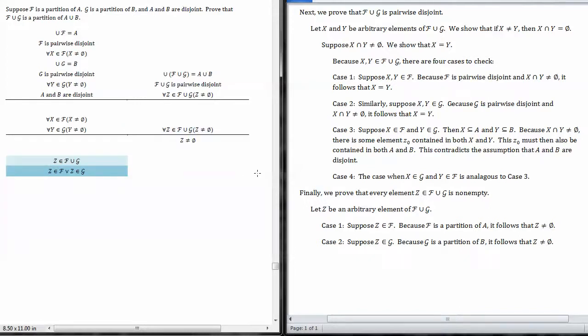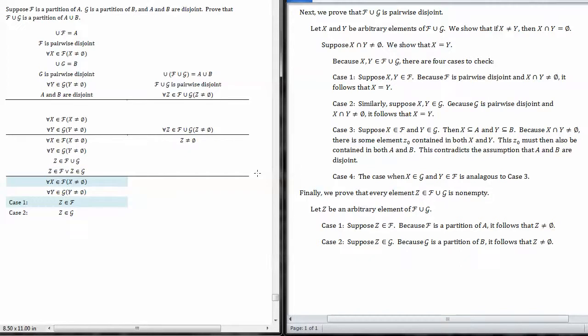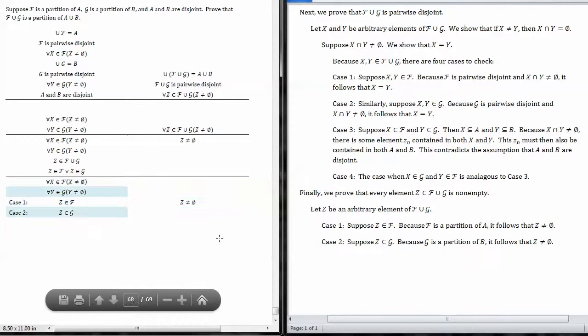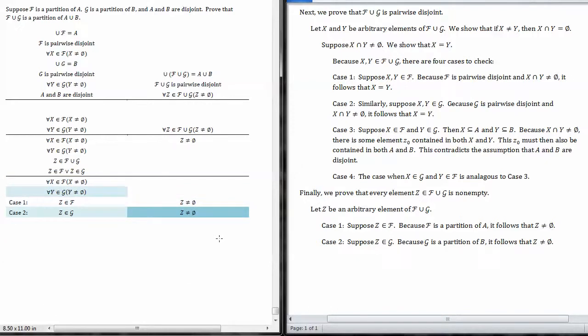Well, okay, that means either z is in F or it's in G. So we just have 2 cases, and remember, we know that from up here, every element of the family F is non-empty, and same thing for every element of the family G. And so bringing that down here, we can do a universal instantiation, replacing x by z, and we get that z is non-empty. And then another universal instantiation, replacing y by z, and we get that z is non-empty again. So in either case, we have our goal. Okay, so this one's pretty easy to write up.